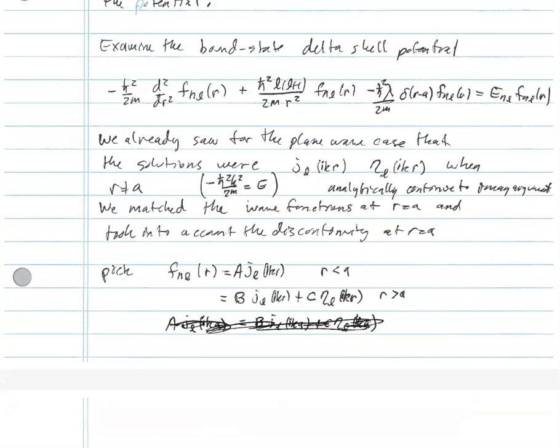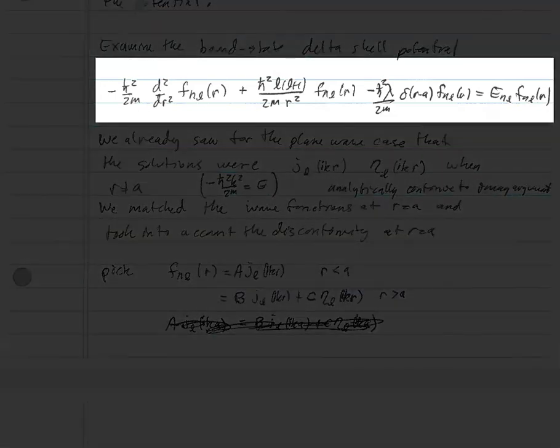and look at the detailed structure of how that works for the delta shell potential. So if you go ahead and just plug into the Schrodinger equation for the delta shell potential, where f_nl(r) is r times the wave function, and we go into looking at the radial wave functions, we find we get minus h bar squared over 2m d squared by dr squared f_nl(r) plus h bar squared l times l plus 1 over 2mr squared f_nl(r).